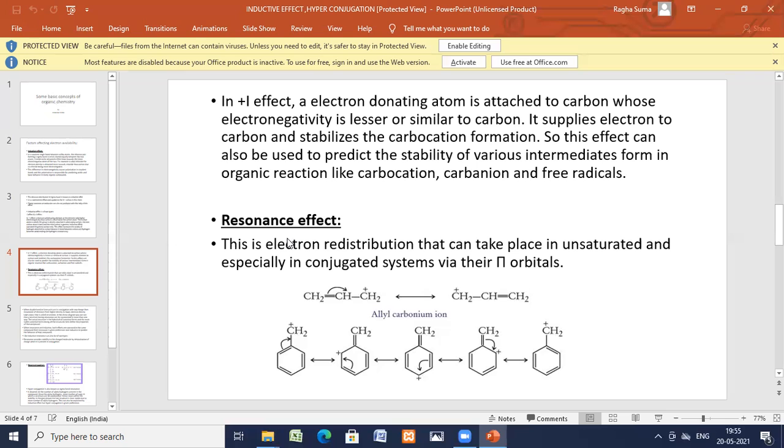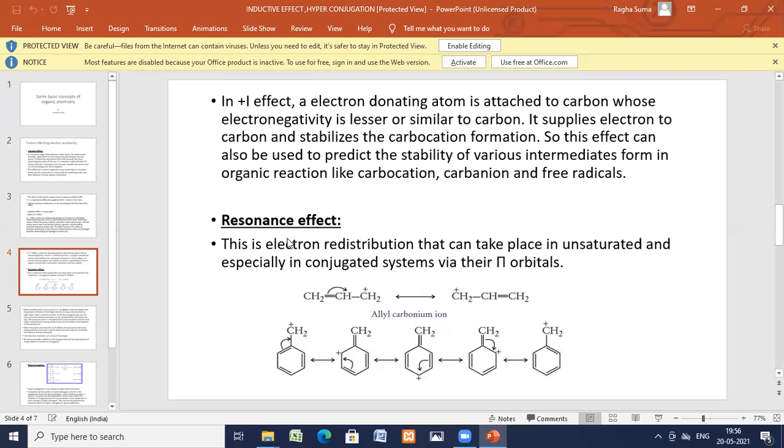But the order is slightly changed because in tertiary amine there is a steric hindrance due to the three alkyl groups on the nitrogen, and thereby the basicity is decreasing. So the secondary amine will have more basic nature. In secondary amine, two R groups are present.